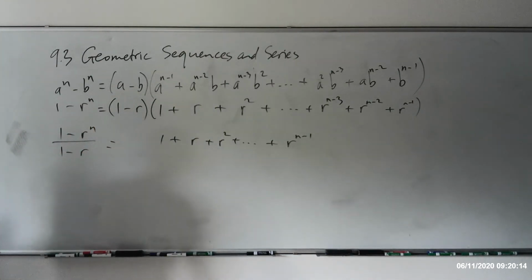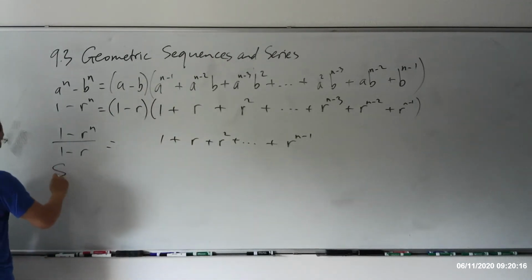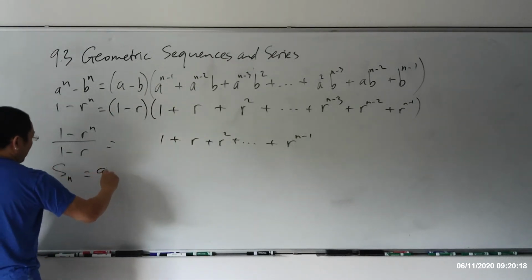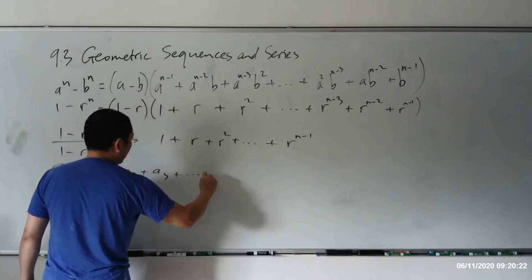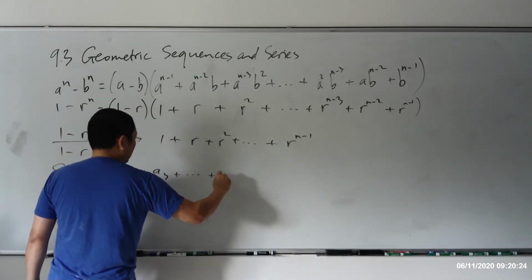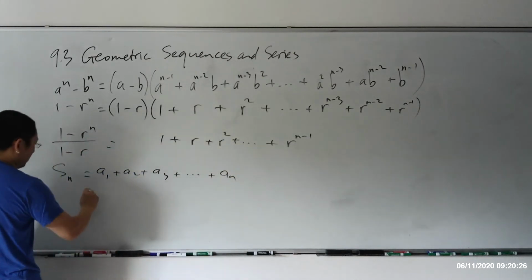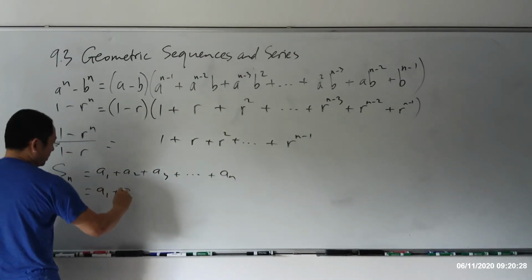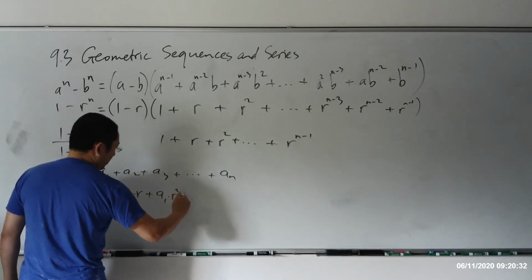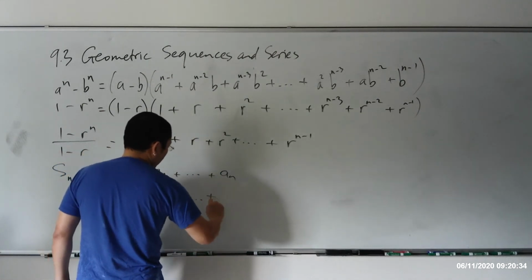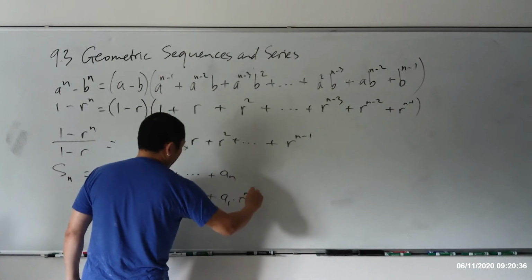That's what I have. Now, let's recall our partial sum. Sn is a1 plus a2 plus a3 plus all the way to an, right? And a1 is just a1, a2 is a1 times r, a3 is a1 times r squared, all the way to an, which is a1 times r to the n minus 1.